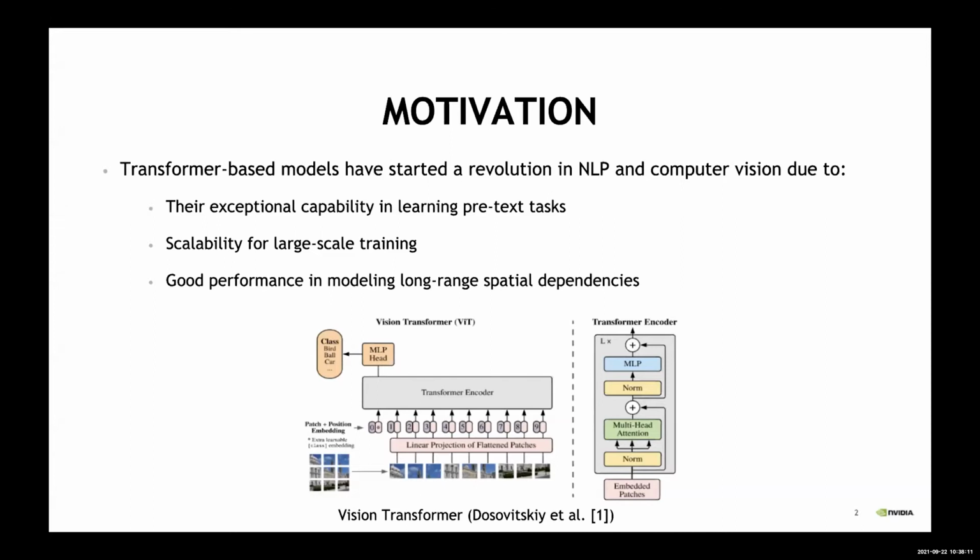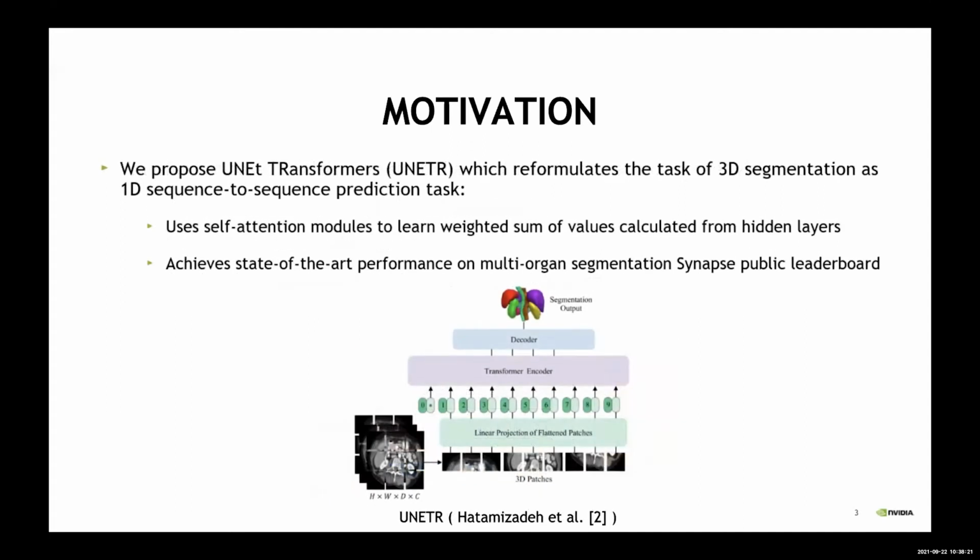So this was the idea of the vision transformers, and they have already achieved state-of-the-art performance on multiple datasets. Based on this idea, we present the UNet transformers, or in short, UNETR. Just like the ViT model, we reformulate the task of 3D segmentation as 1D sequence-to-sequence prediction using these token embeddings.